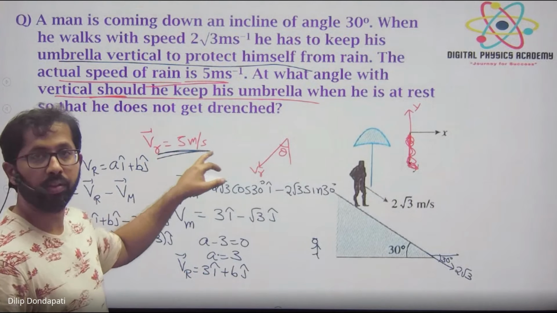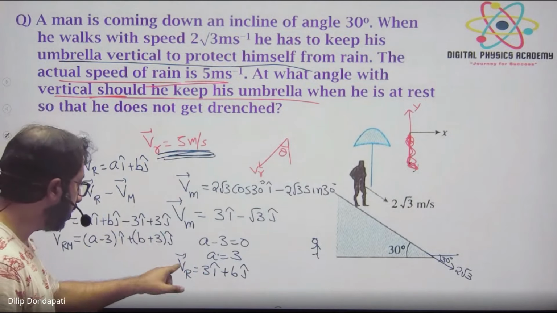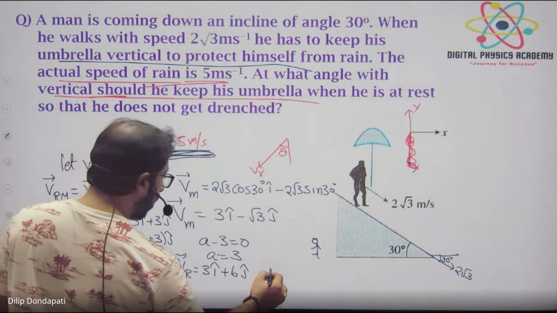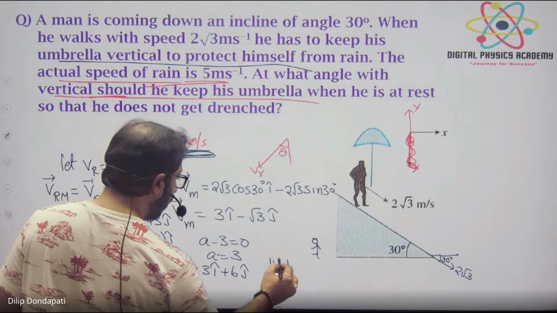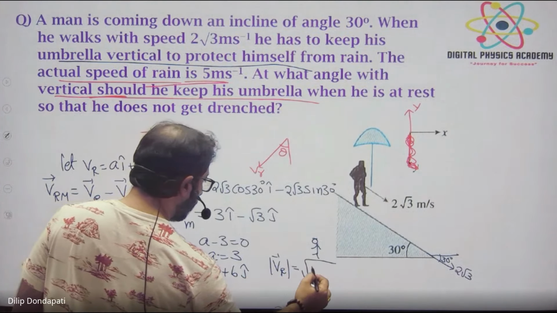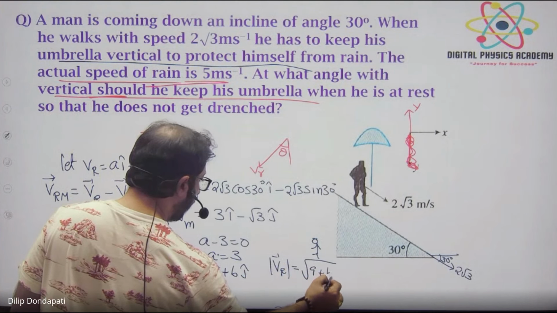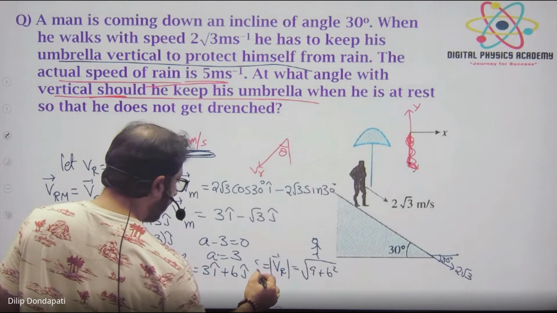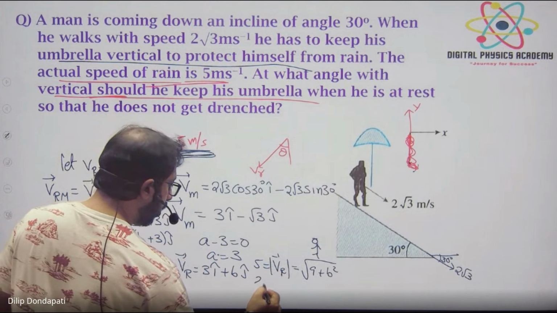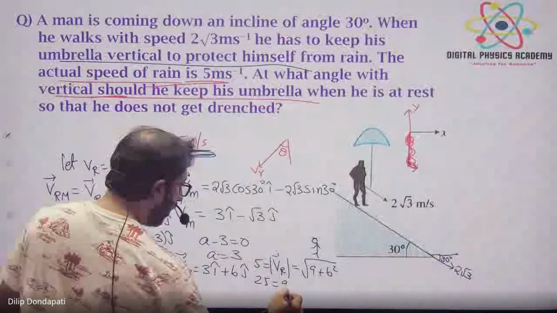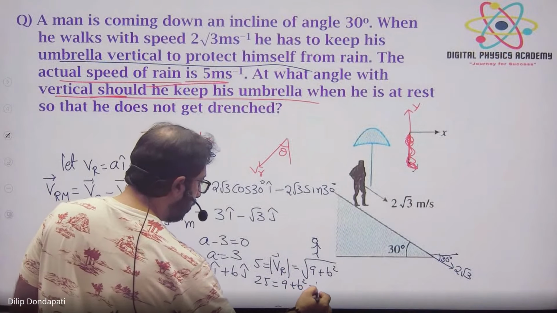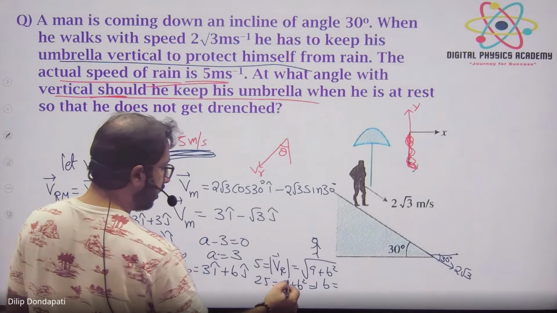Now the second clue he has given is that the magnitude is 5. Use the magnitude formula: mod VR is equal to under root 9 plus B square, which is nothing but 5. Squaring on both sides, 25 is equal to 9 plus B square, so B is equal to 16, plus or minus 4.